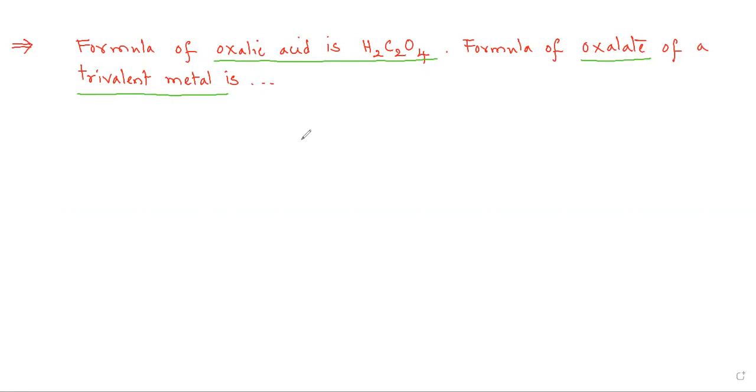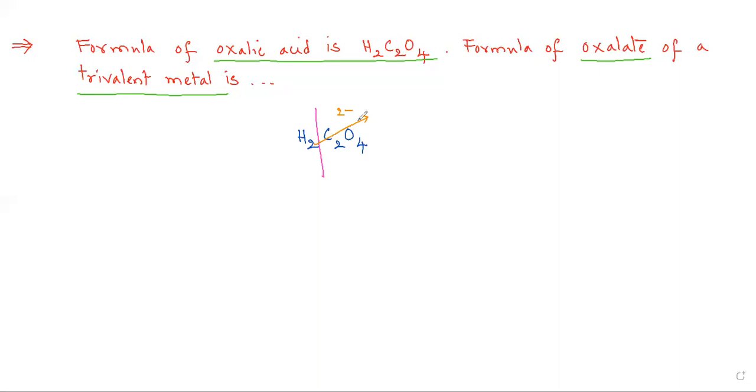Let me show you how to solve this. Before doing something, you just cut it first. And we know very clearly that this is the charge that is normally carried by oxalate, right?